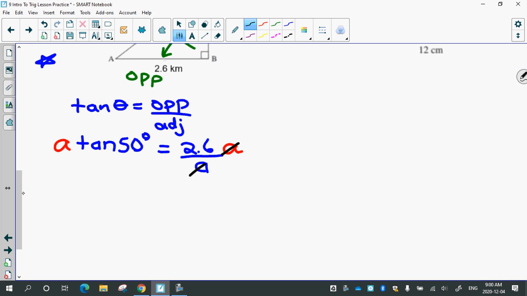Does that make sense? So I undo divide by A by multiplying by A, but whatever I do to one side, I do to the other. Okay? So now on the left side, I've got A times the tan of 50. And on the right side, now I just have 2.6.